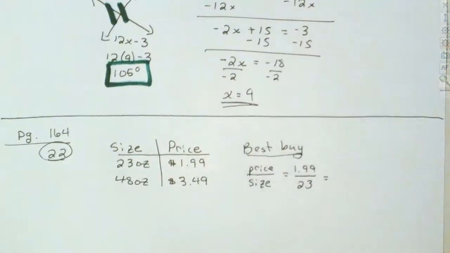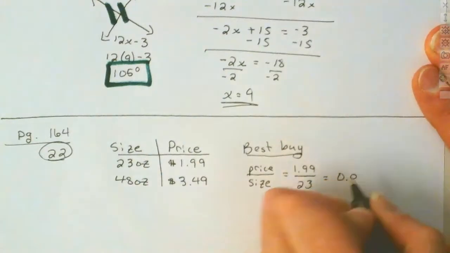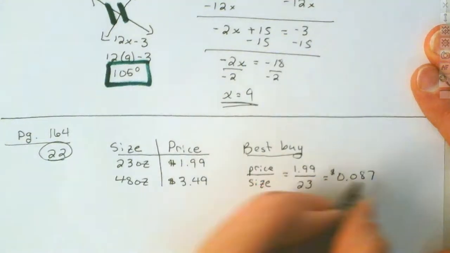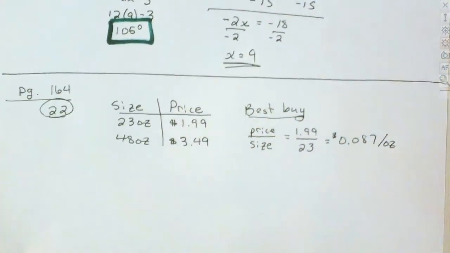And $1.99, we're going to divide that by our 23, and we'll take this out to 3 places if we need to, and that comes out to be 0.08 if we round, and that's per ounce, so it's 8 cents an ounce.